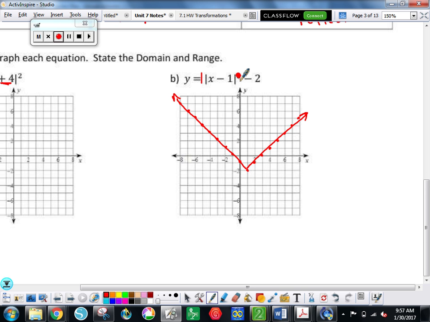The absolute value is what makes it have a V. The shifting is the same as the parabola. Just like those things.